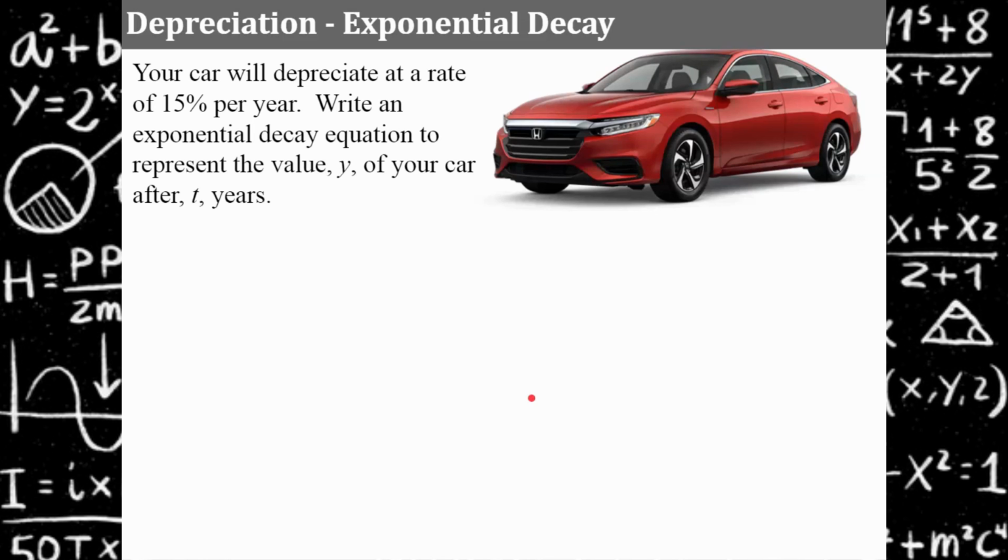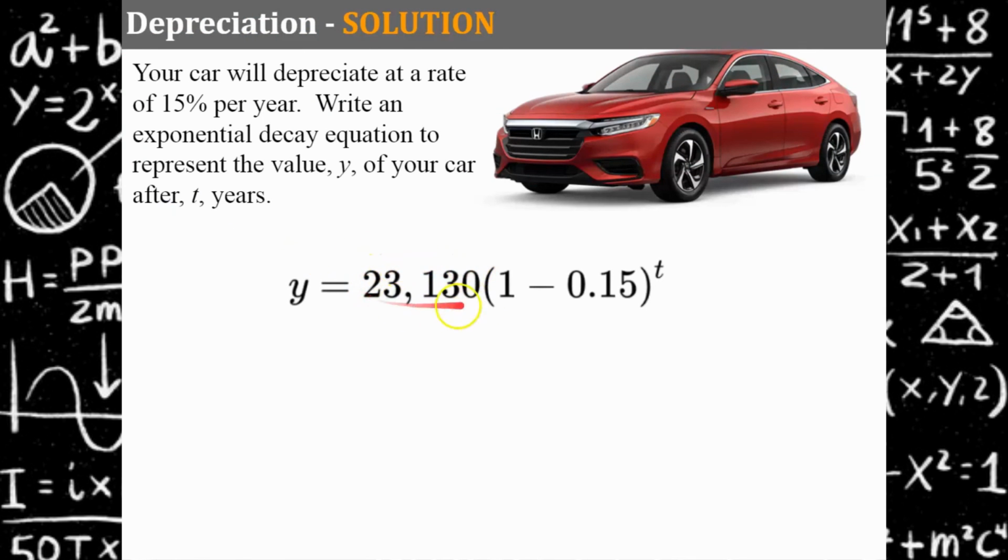So we're going to write an exponential decay equation that represents y, the value of our car, after t years. So here we go. Our initial amount, which is what we purchased the car for, times 100% minus 15%, written as a decimal, per year.